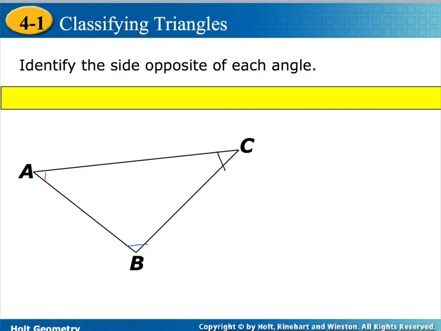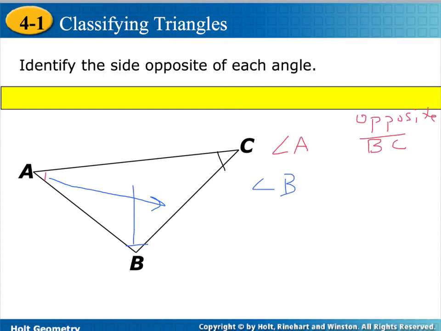Angle A. What is opposite of angle A? I'm looking at the side opposite, and that's right there. So angle A is going to be BC. Side BC is opposite of angle A. If you look at angle B, we're looking for the opposite side.